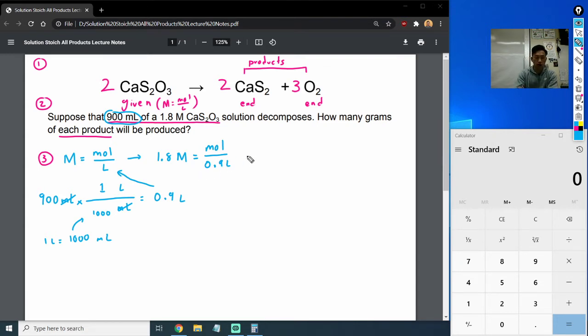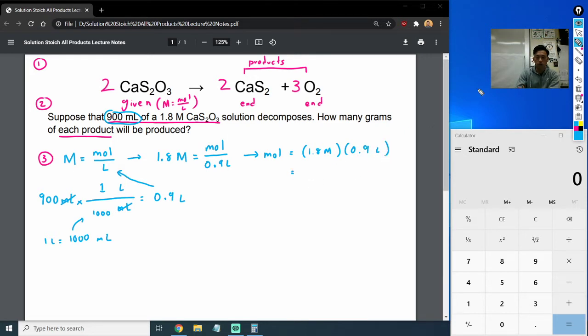Now we can just solve for moles. Easiest way to do this is just multiply both sides by 0.9, because if you do that, you'll cancel out the bottom. And so what we're going to get is, for our moles, 1.8 molarity times 0.9 liters.